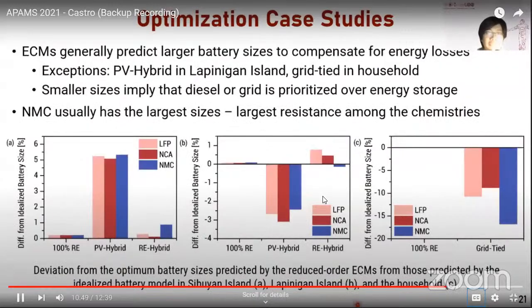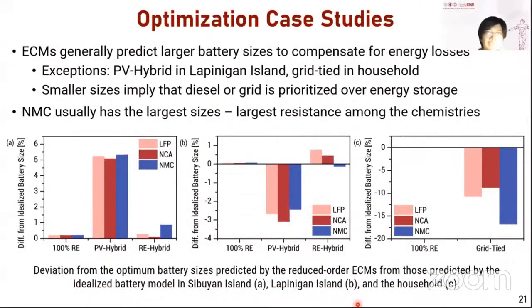And as for the optimization, we found that in general, the optimum sizes predicted by the reduced order ECMs are larger than those predicted using the idealized battery model. Larger sizes are required to compensate for any energy losses predicted by the reduced order ECMs.